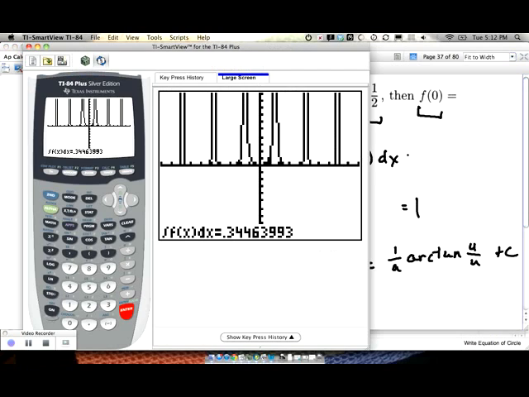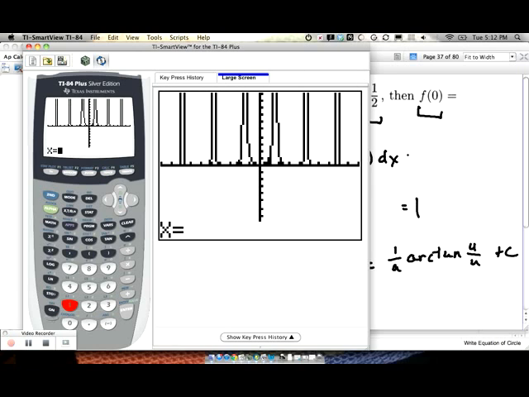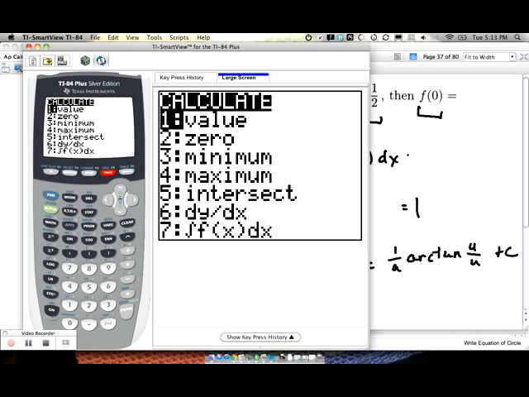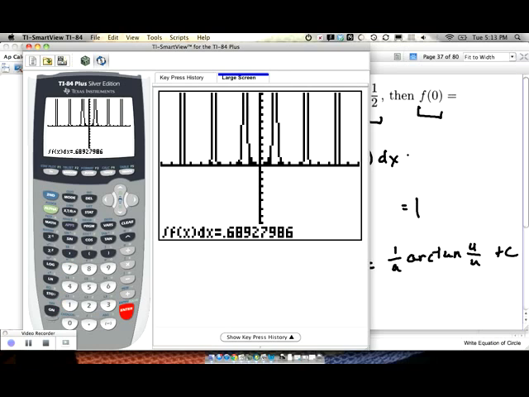Let's say that I went from -1 to 1. So if I do second, calculate, 7, going from -1 to 1, that gives me about 0.68.